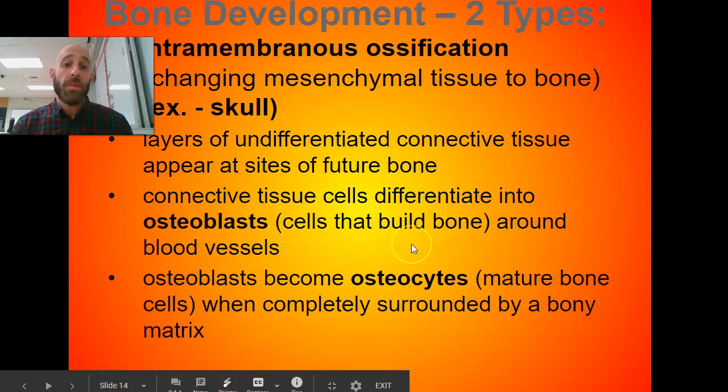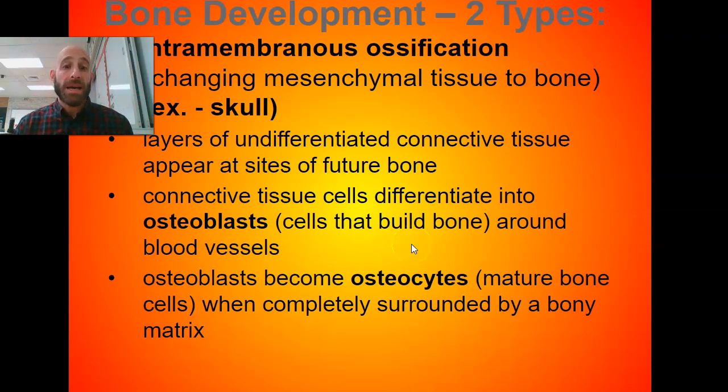Eventually they surround themselves in this bone and become osteocytes. It's that idea I mentioned before where you paint yourself into a corner, right? If you paint yourself into a corner, you can't walk on the wet floor. These osteoblasts produce bone around themselves, and eventually they become encased in that bone, stuck there, and become osteocytes.